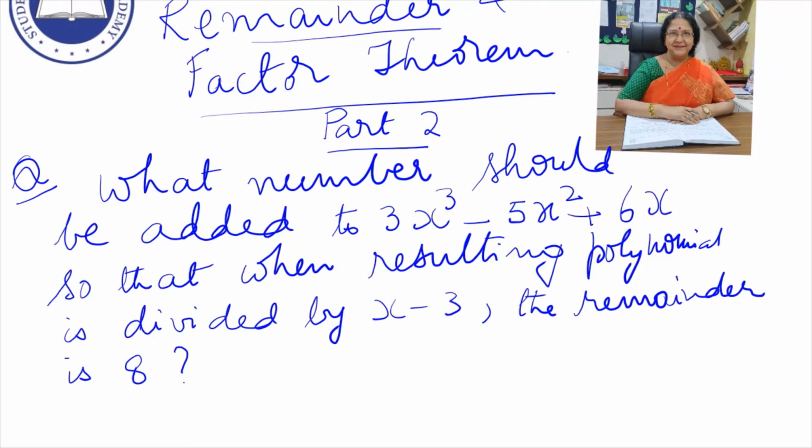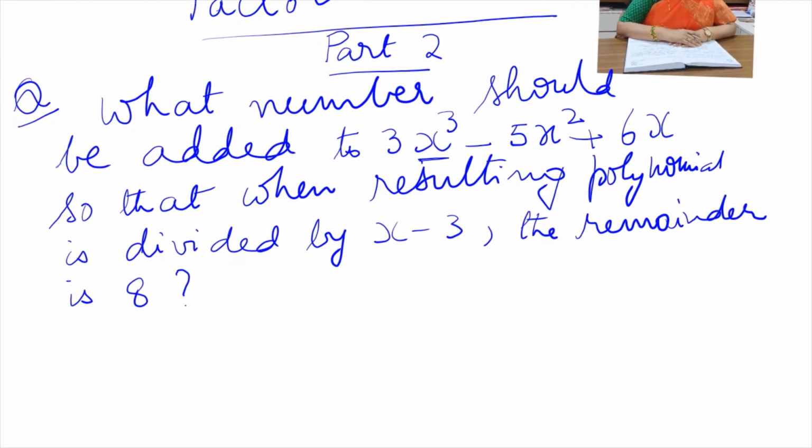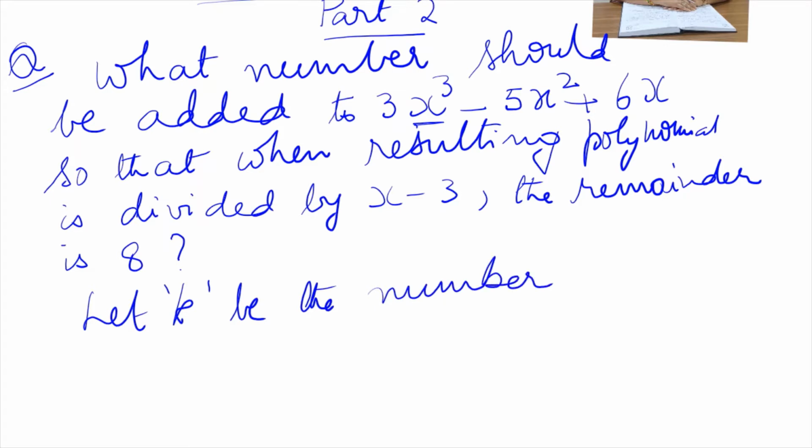Okay, so what number should be added? You can assume it as k or p. X you cannot assume because already x is here. So let k be the number to be added.